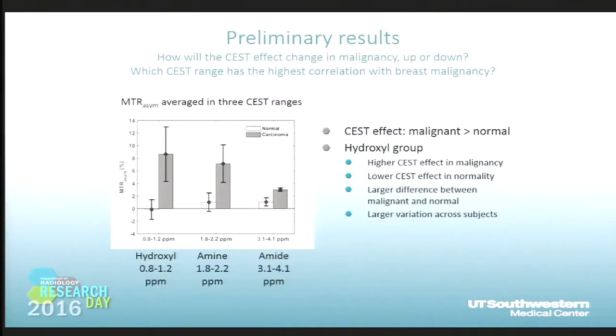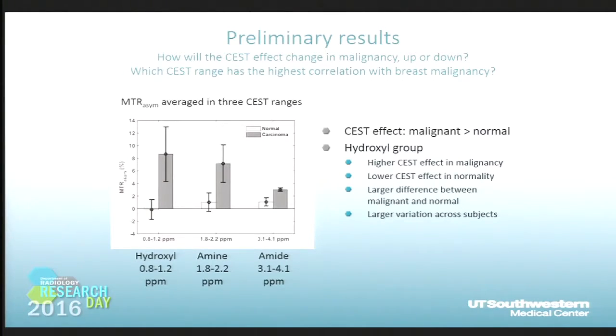Here the bar plots show the MTR asymmetry, and we explored it in the 3 ranges. The gray one is from the malignant tissue, and the white one is from the normal tissue. And here you can see that for this hydroxyl group range, it has larger variations. But for the APT signal, it has lower variations.